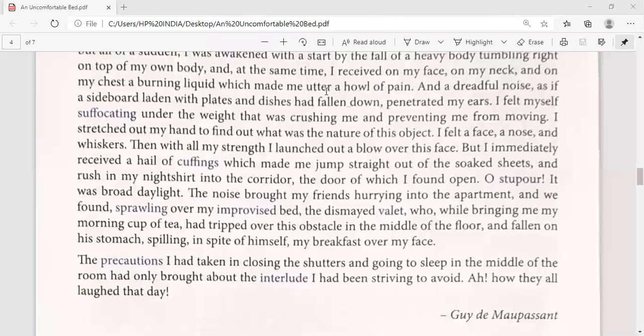While bringing me my morning cup of tea, he had tripped over an obstacle in the middle of the floor and fallen on his stomach, splashing, in spite of himself, my breakfast over my face.